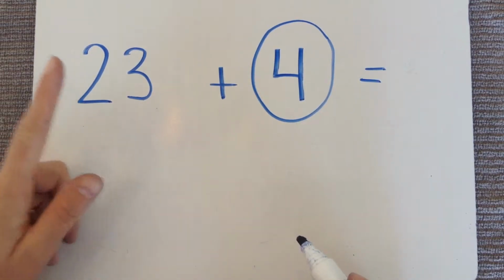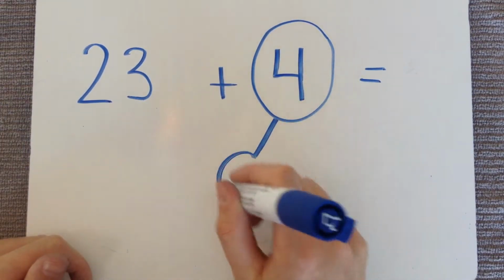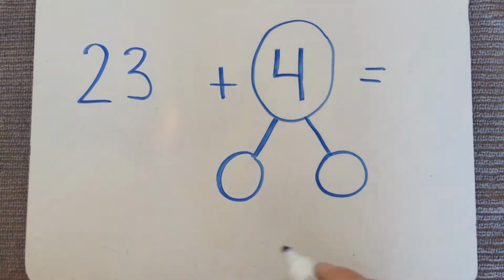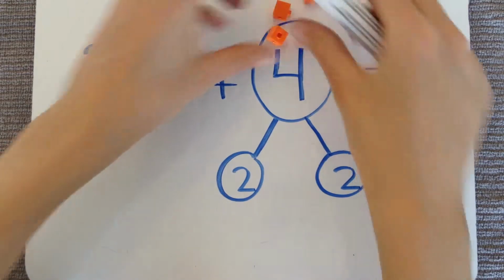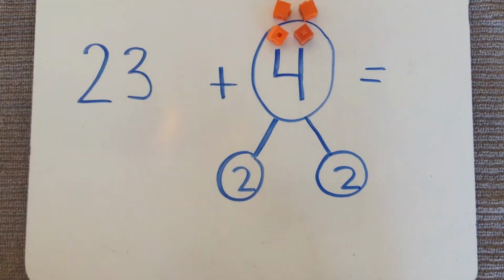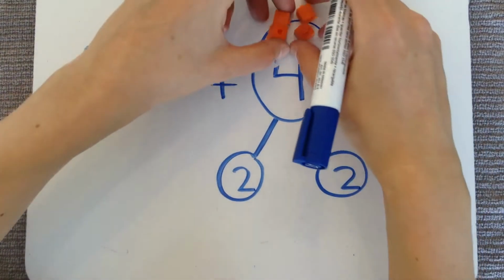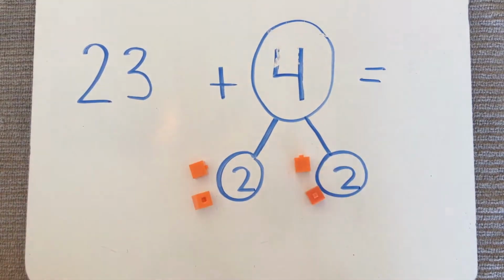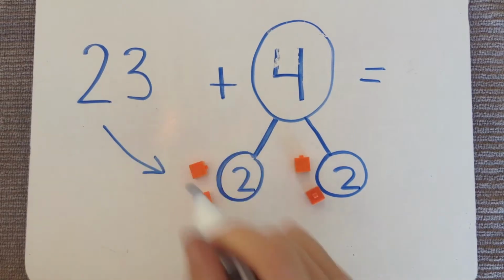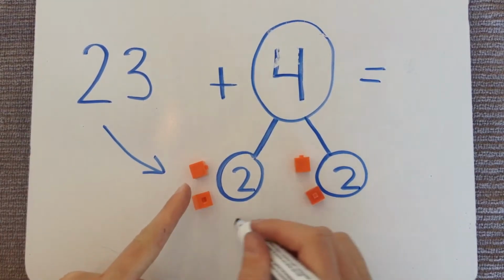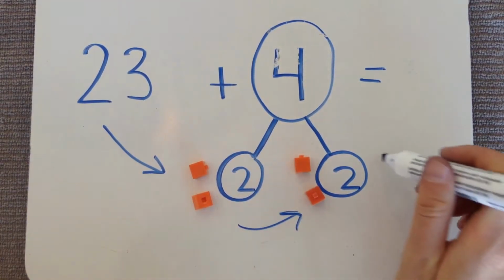We just have to be very familiar with the pattern. 4 is the same thing as 2 and 2. There's 4. I can think about it in a different way as 2 and 2. Now, my question will be 23 plus 2 more, and then plus 2 more again, and that will give me my answer.